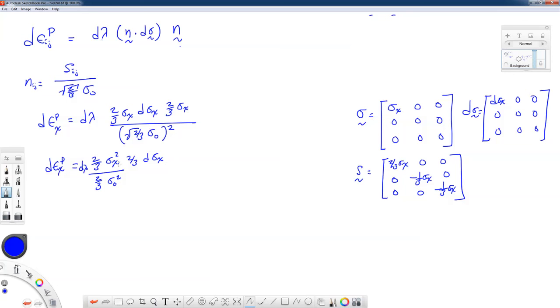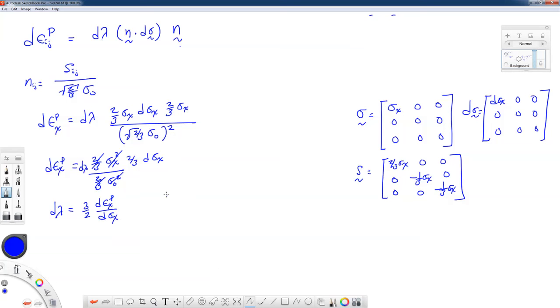Now if we're just at yield, sigma x is the yield stress, so these two terms will cancel out. The 2/3 will cancel out. And what we have left then is we have d lambda is equal to 3/2 d epsilon x plastic over d sigma x.